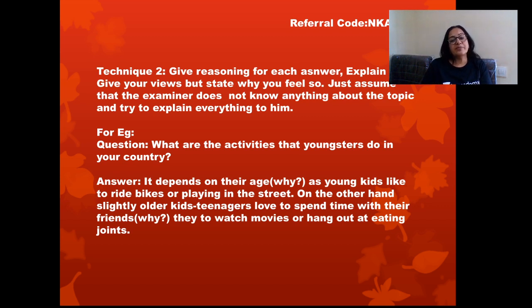Sometimes the answer can be of a different kind also. Like they can ask what are the possible things that will reduce pollution in your country.